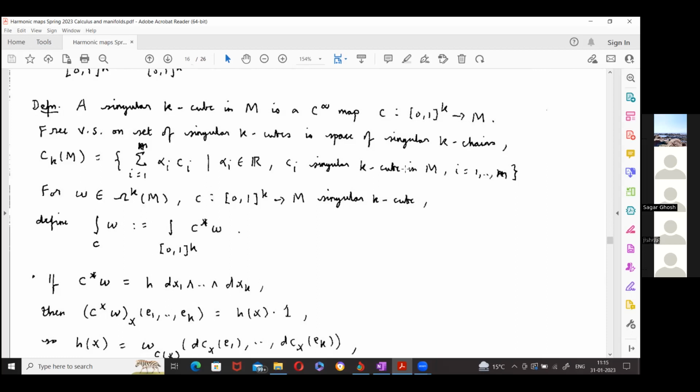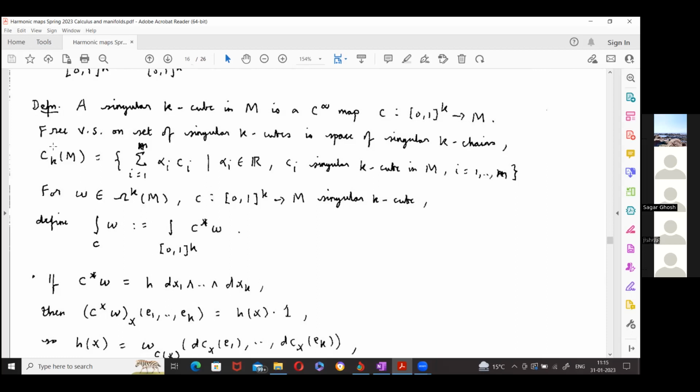And then for a singular K chain, the integral extends by linearity. So the K cubes form a basis for the space of K chains, and we've defined the integral on this set of K cubes.